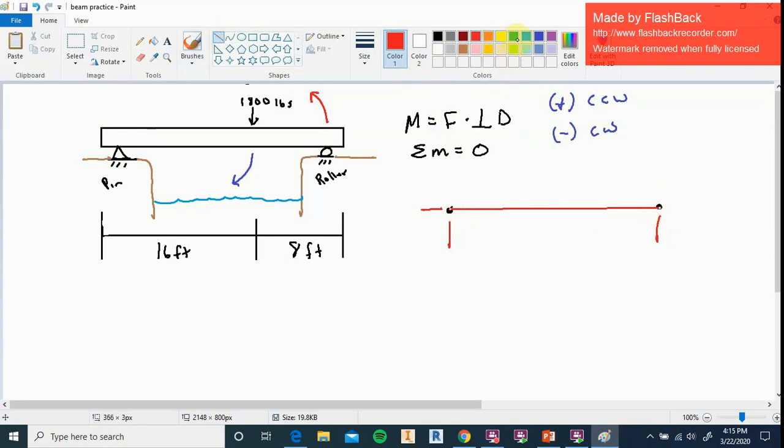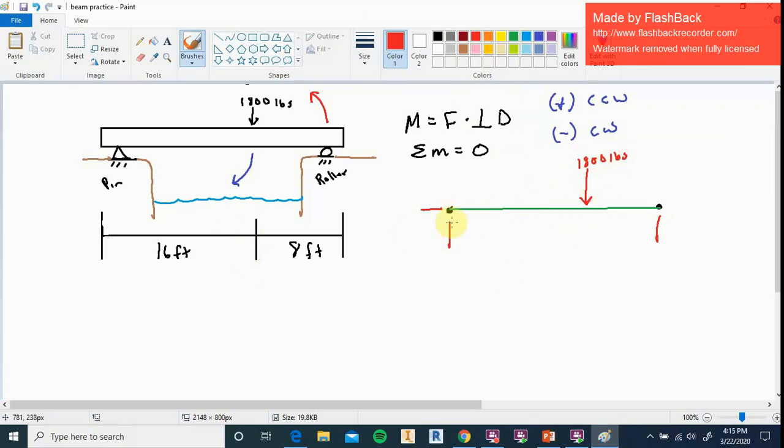There, and we'll make this green. Why not? Okay, and then we also have, we already know we have an 1,800 pound force at 16 feet according to the drawing here.